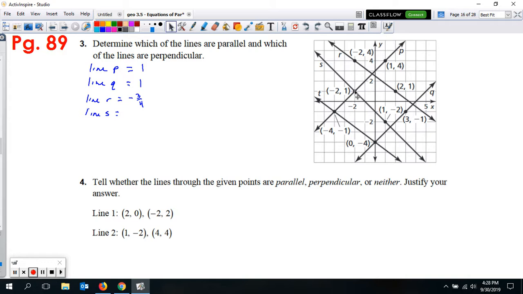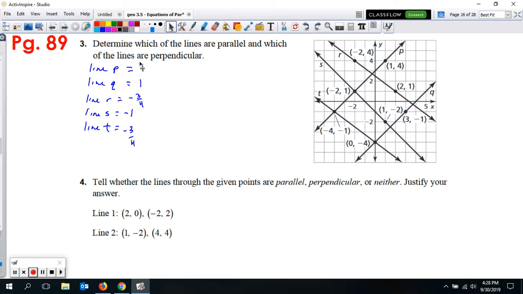So that's going to be also 1, but it's a -1, so it's going downhill here. So that'll be a negative 1 for S. And then for our last line, line T here, if I start from this point and go up to that point, I'm going to go 1, 2, 3 up, 1, 2, 3, 4 to the right. So it's 3 over 4, and it is negative, so negative 3/4 on that one also.